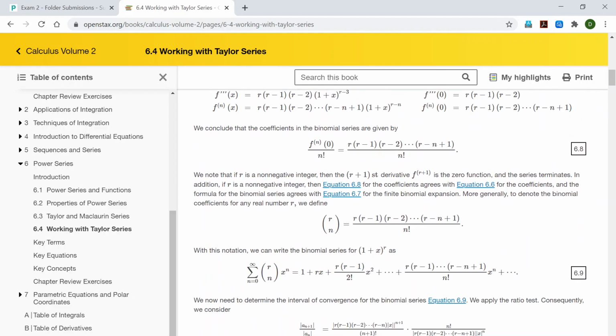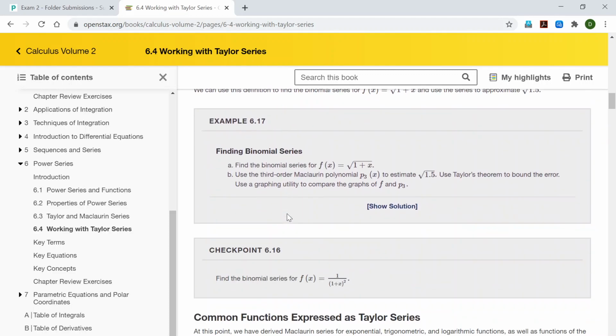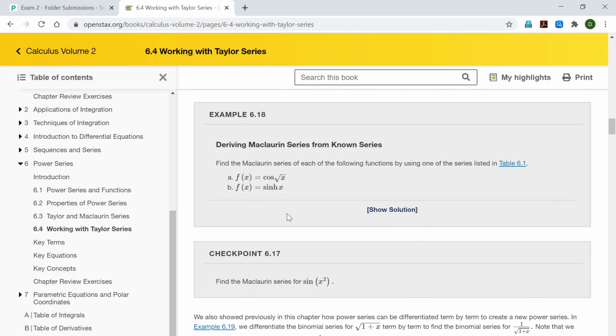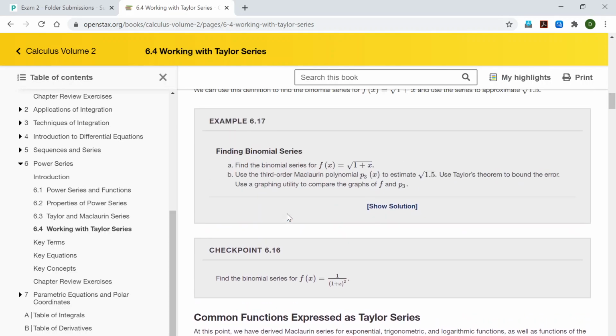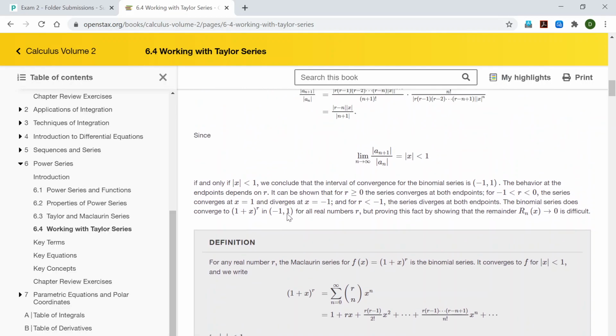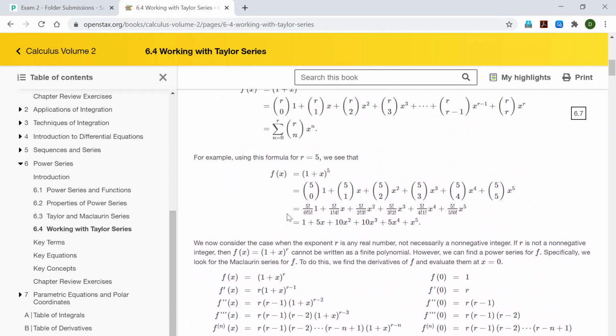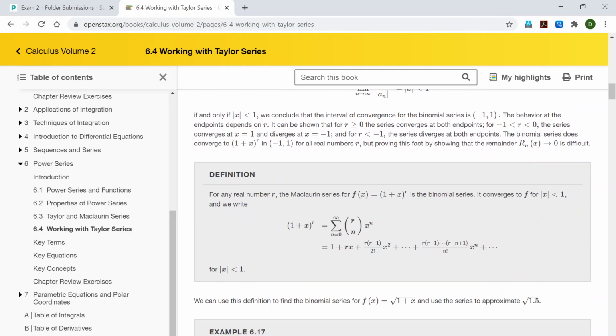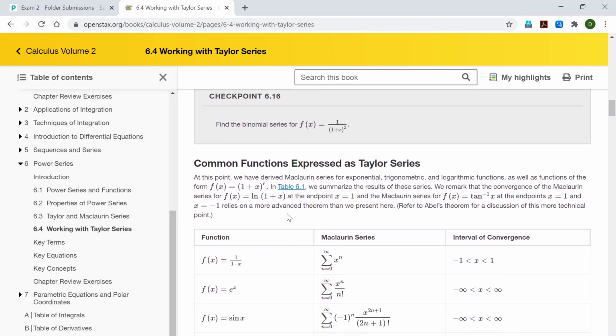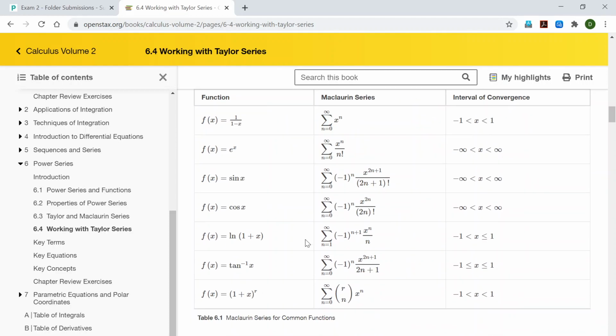What page is this? Table 6.1. See table 6.1 in section 6.4.